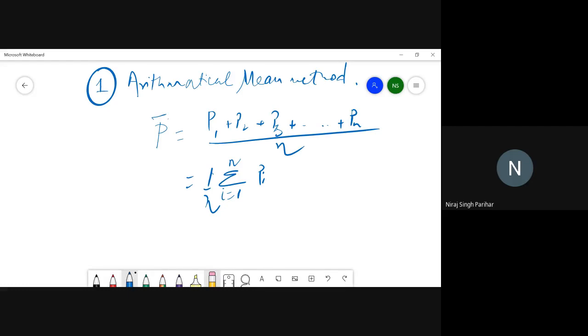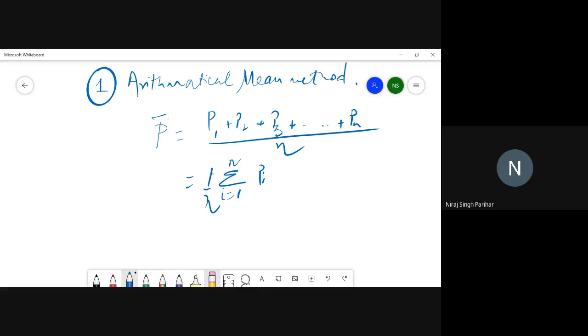But otherwise, like in most of the conditions, this will not happen, because topography will be different. Somewhere there will be mountains, valleys, forest area, plain ground, residential area, right? So then this method will produce a lot of errors.